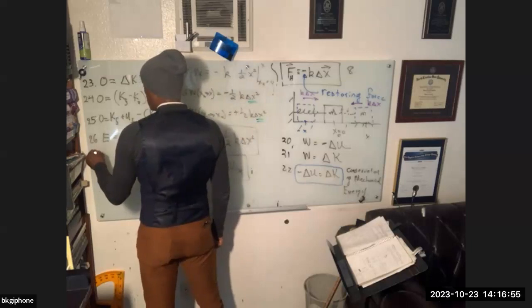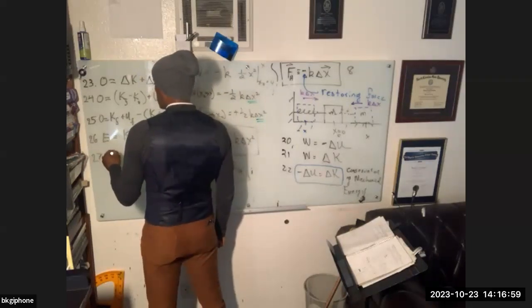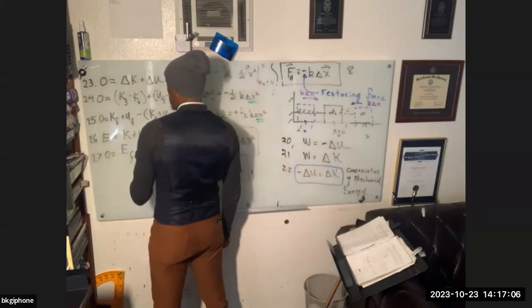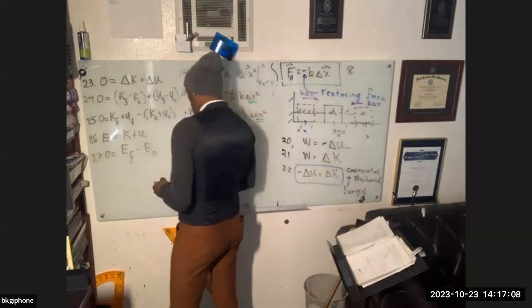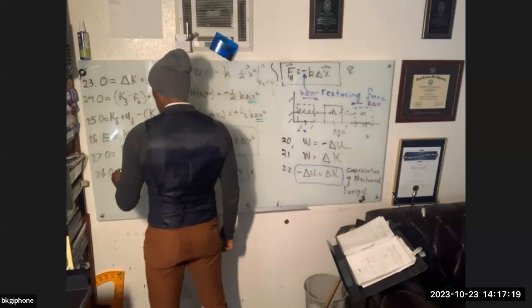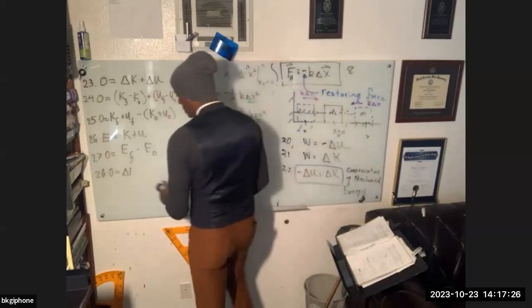So I can say that 0 equals E final minus E initial, or delta E equals 0, let's put it that way.